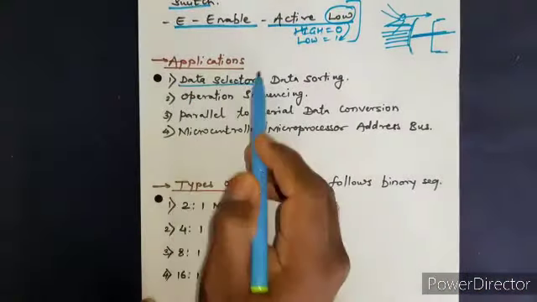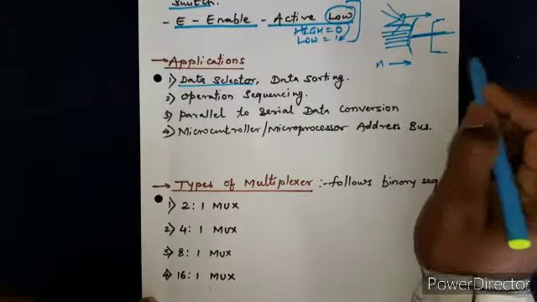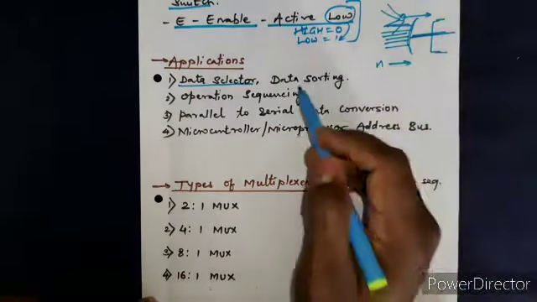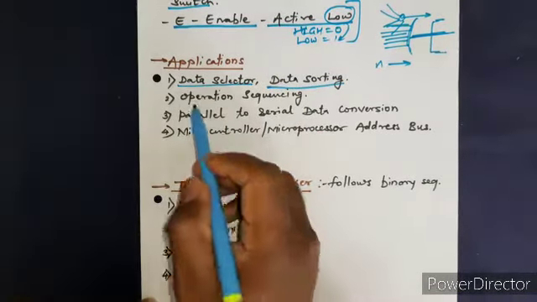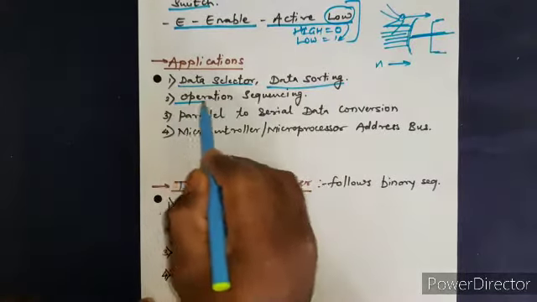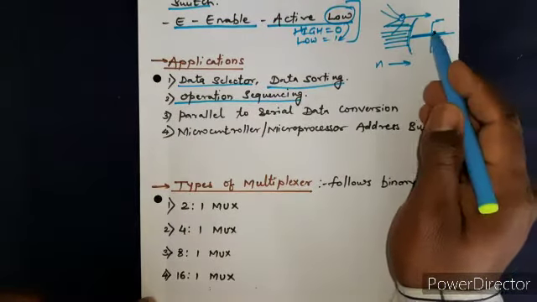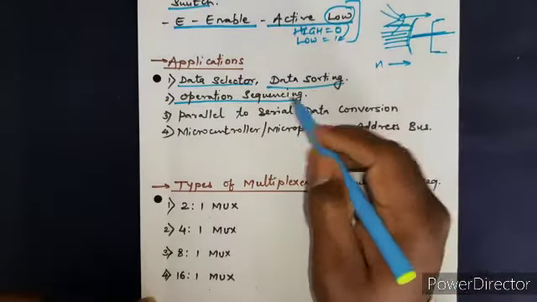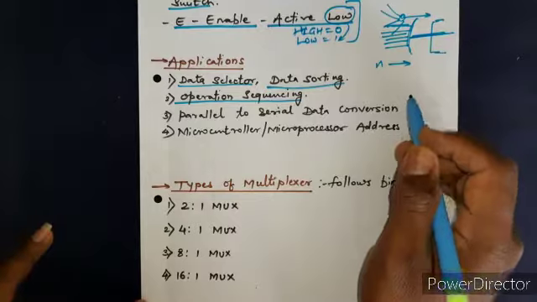Data selector: out of n data you are selecting one data one by one. Or data sorting. Operation sequencing: I have given you the example of malls and temples, so proper operation sequencing can be done here.